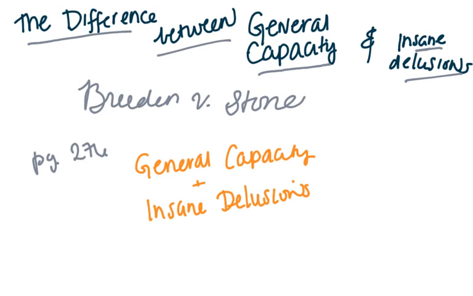So Spice had put Sidney's address into the note. The court also held that while Breedon had insane delusions, again, they agreed with the lower court that these delusions did not influence his testamentary dispositions. If you're still confusing general capacity and insane delusions, I suggest taking another look at Breedon v. Stone.